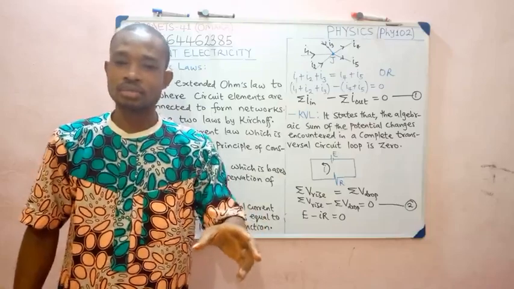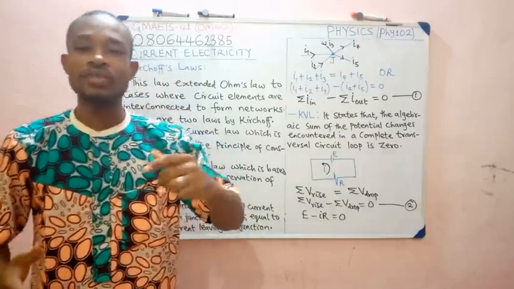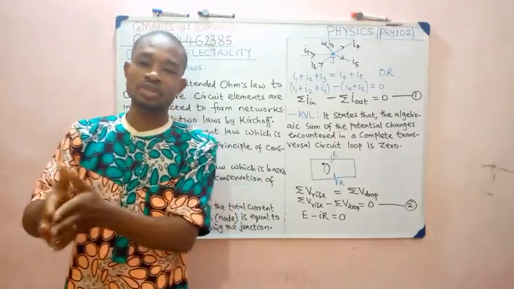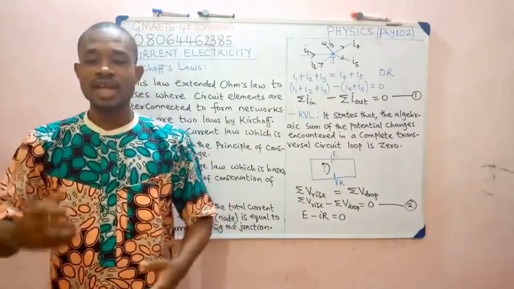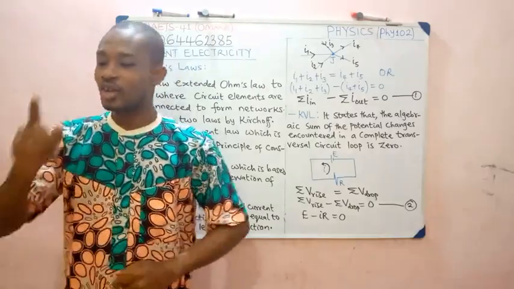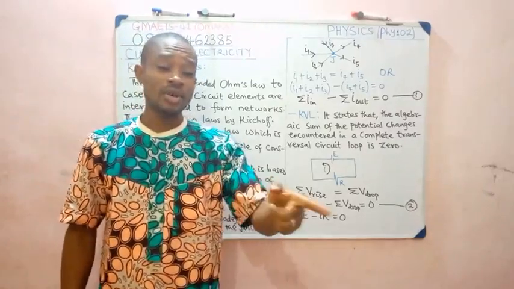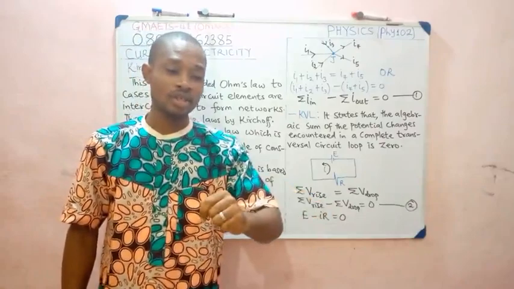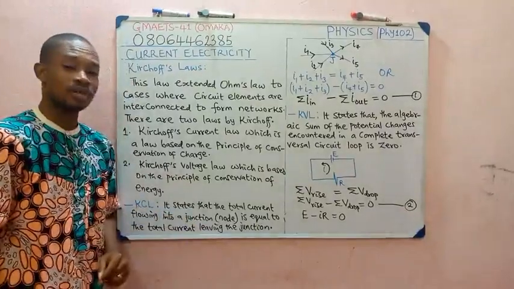That's the algebraic sum. I know we're dealing with potential difference, voltage, it has relation to energy. So it's a law based on the principle of conservation of energy, while the current law is based on conservation of charges. Good. Let us look at the laws now.